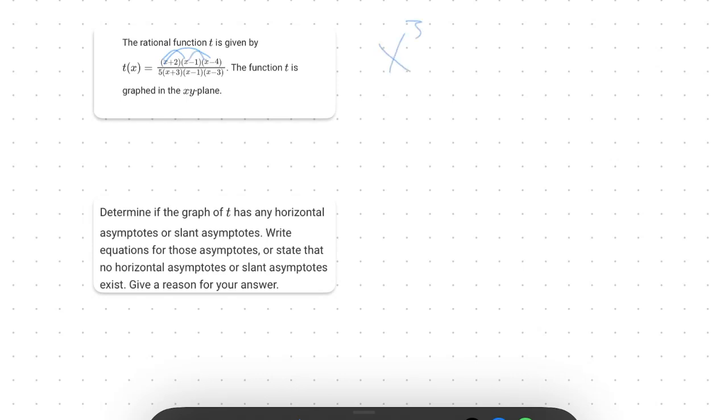So we have x to the power of 3 on the top. Same thing on the bottom: x times x times x, and x times x. X to the power of 3 on the bottom as well. Then we have a 5. Okay. So we see that they're the same.